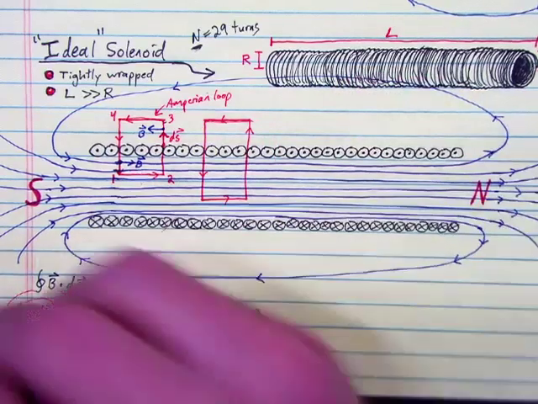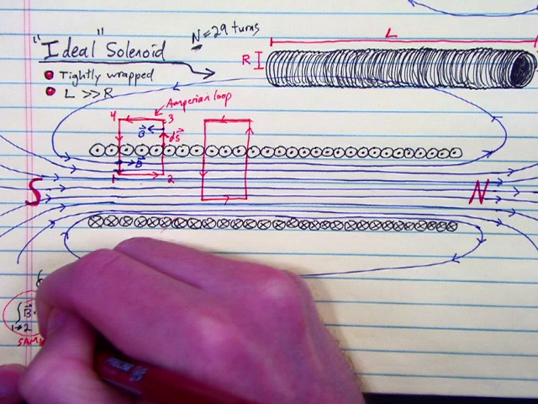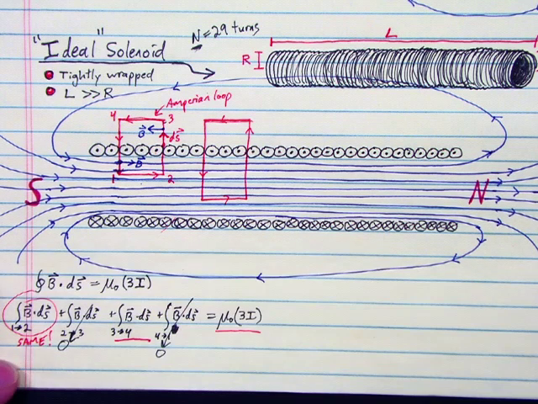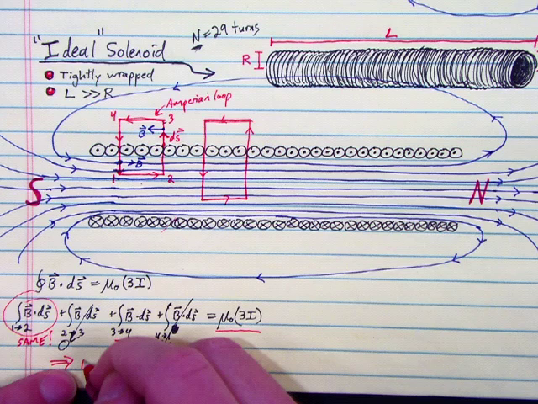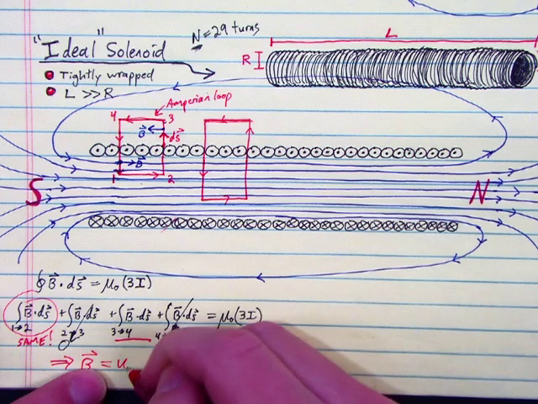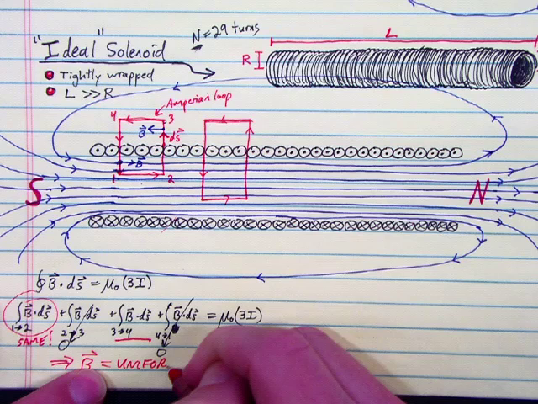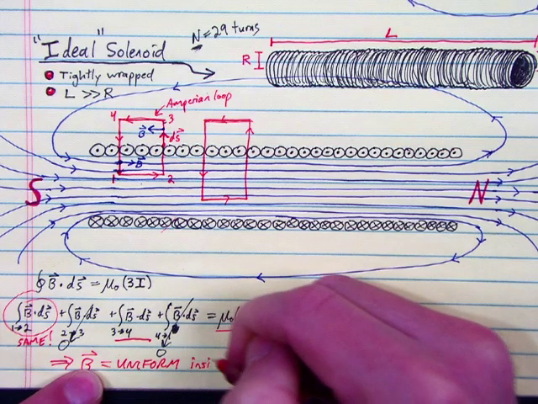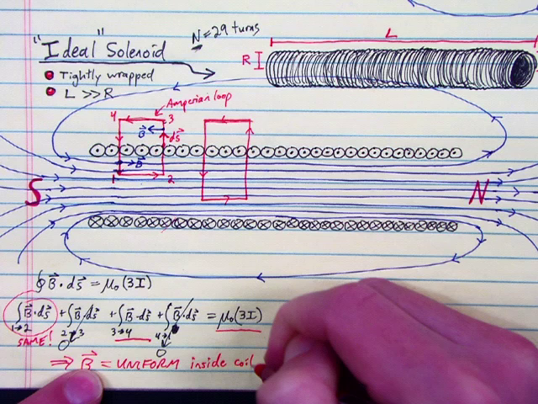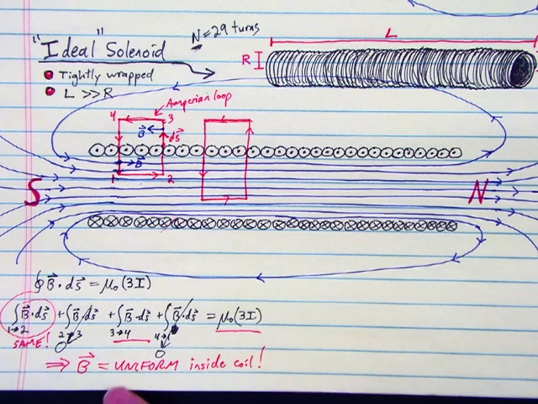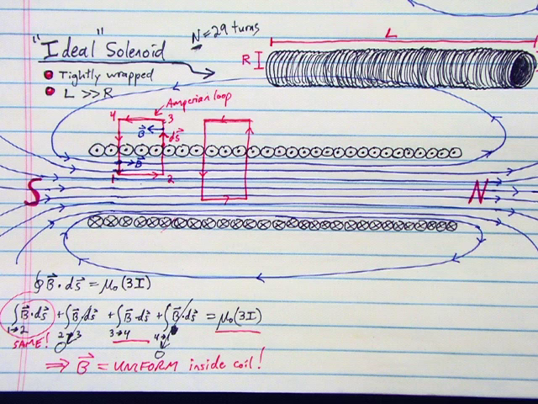So this must also be the same for both loops. Therefore, B is uniform inside our coil.